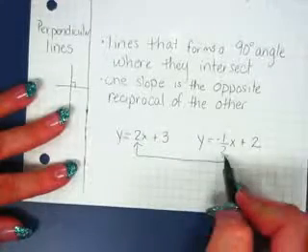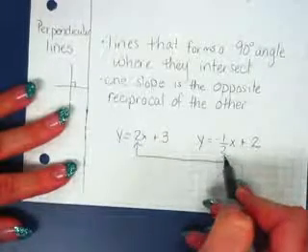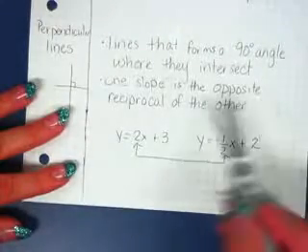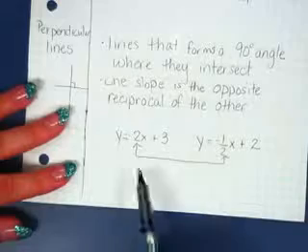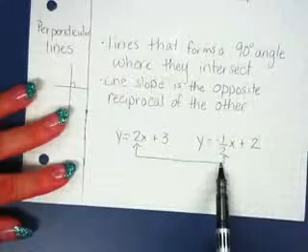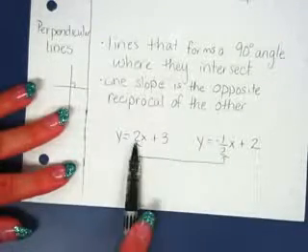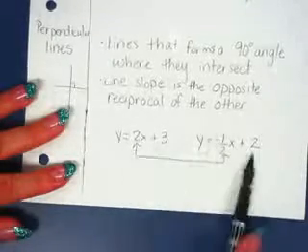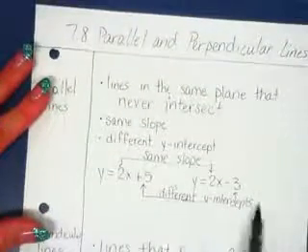One's positive, one's negative, and they are reciprocals of each other, 2 and 1/2. So that's what it means by opposite reciprocal. You're going to have one positive and one negative, and the other one's its reciprocal. So these two would be perpendicular, just like these two are parallel.